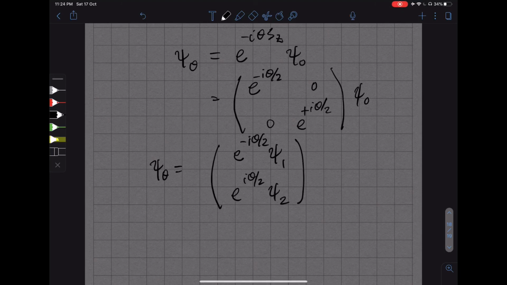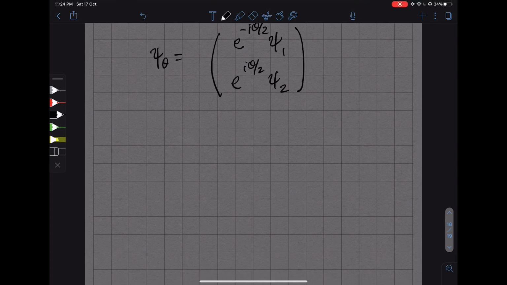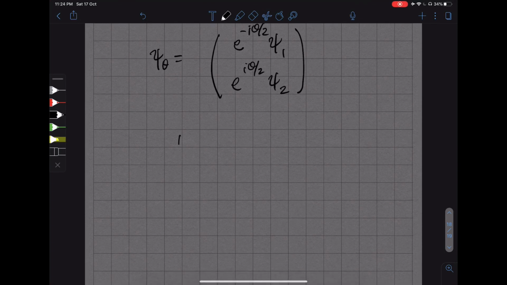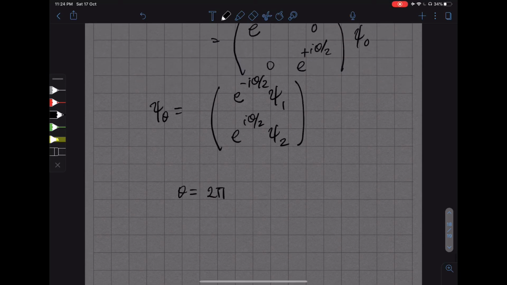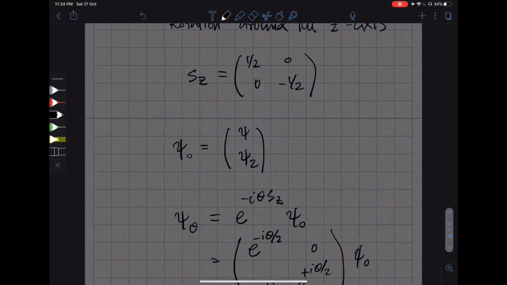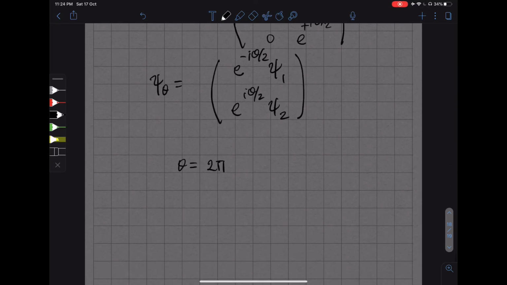An interesting consequence of this is that if I rotate it by 360 degrees, that is, I take theta to be 2 pi, because the eigenvalues of S z are half and minus half, which is due to the fact that we have a spin half particle, psi of theta rotated by 2 pi is going to be minus psi 0.